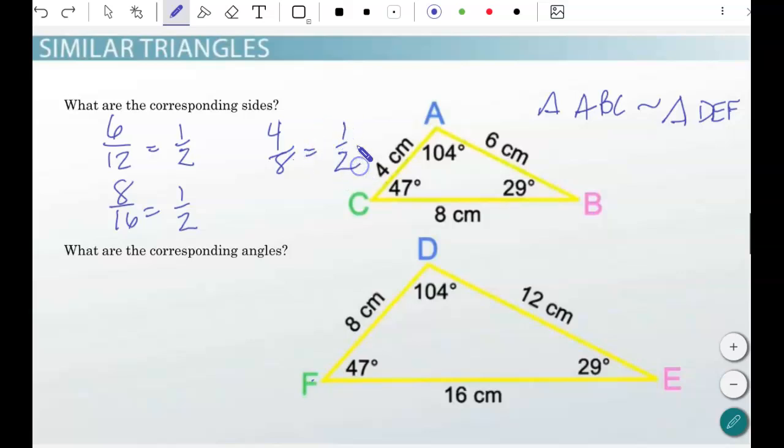So you can see that they all have the same ratio. So they are proportional when you have the corresponding sides of a similar triangle. Now the angles are pretty easy to see because they're exactly the same. So A and D, B and E, and C and F are the corresponding angles.